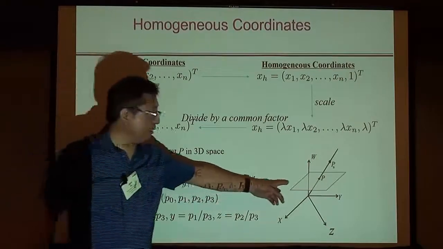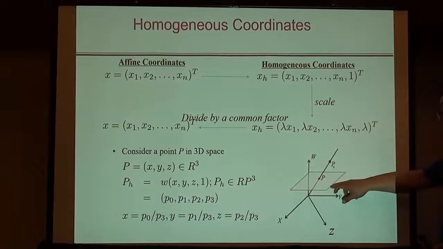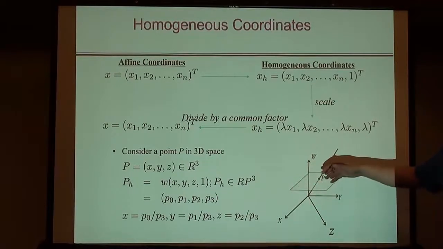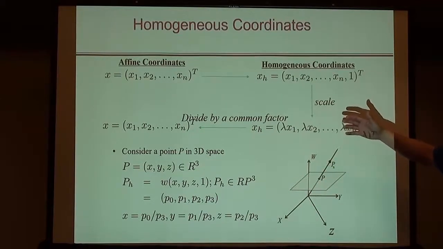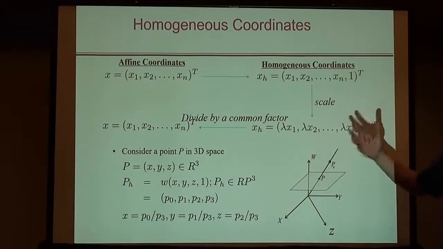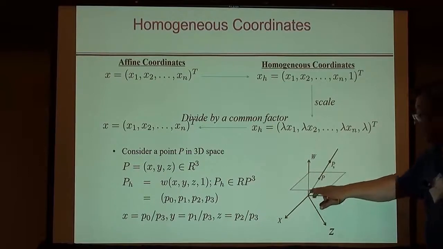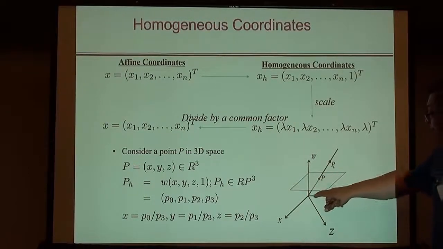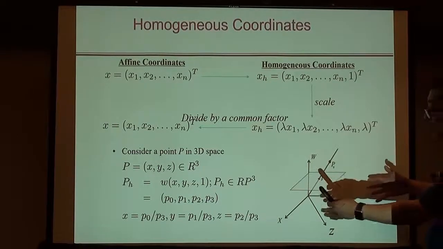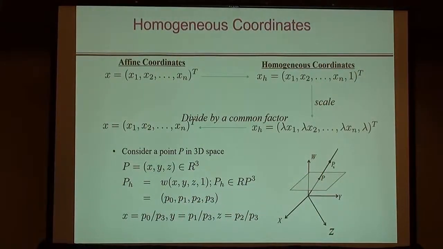If you pick the last component to be 1, this is the plane that you have, and by adding 1, it becomes a hyperplane. Hyperplane means a subspace that's one dimension less than the space it's in. So this hyperplane defines a line going through it. Then any point on this line represents the same point, and that forms the basis for projective space. Any questions?